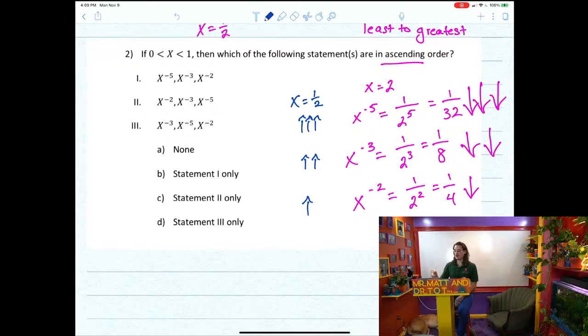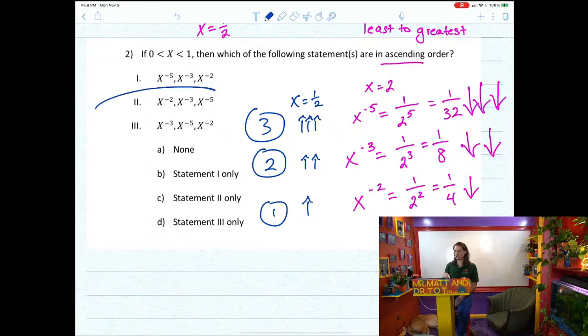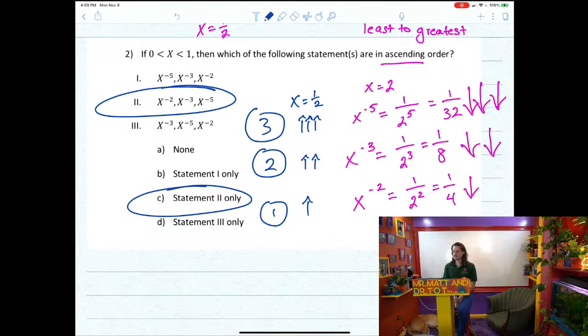The smallest value is x to the negative 2, then x to the negative 3, then x to the negative 5. And that's statement 2. So your answer here is going to be C, statement 2 only, because going in ascending order, we would have x to the negative 2 power, x to the negative 3 power, x to the negative 5 power.